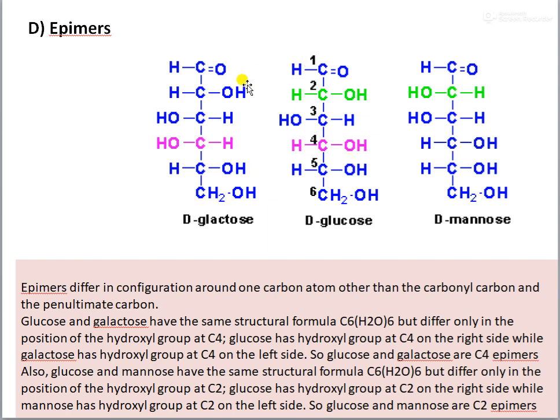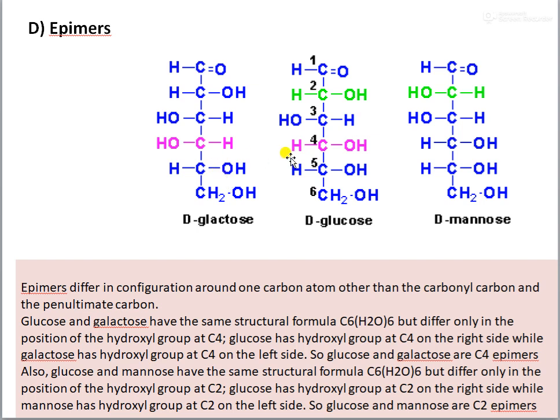Now let's consider D-galactose and D-glucose. You have the carbonyl atom here. Considering C2, they are both the same. C3, they are both the same. At C4, you can see the orientation of the hydroxyl group is different. And then C5, they have H and OH, that's the same, and CH2OH is also the same.